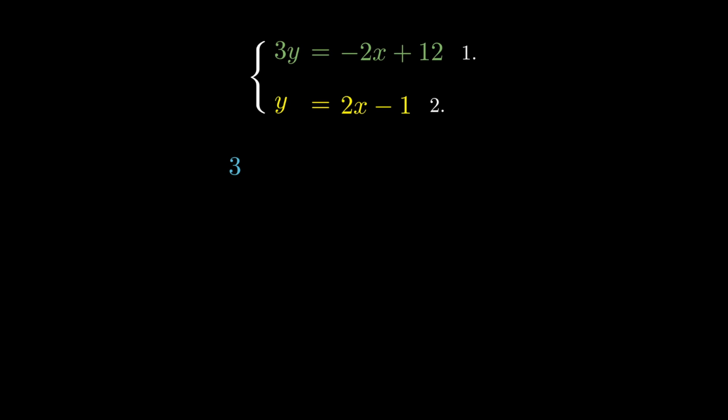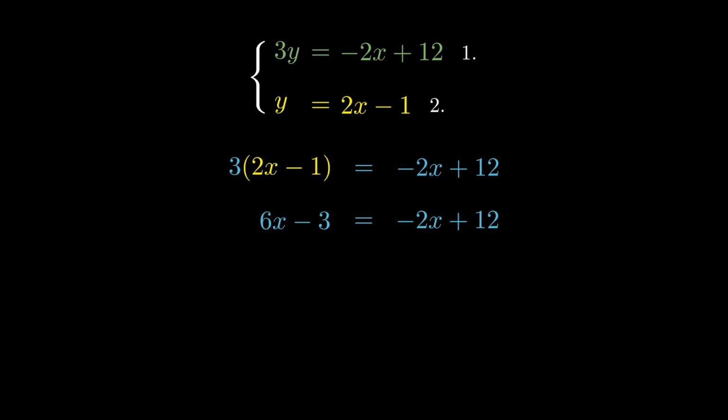We get 3 times y, and y is 2x minus 1, and this is going to equal minus 2x plus 12 from equation 1. So we get 3 times 2x minus 1 equals minus 2x plus 12. When we expand this, we get 6x minus 3 is equal to minus 2x plus 12.